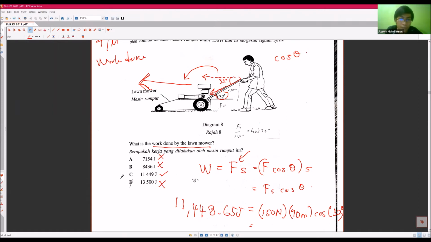What happens if we don't include the cos theta? The work done is going to be higher. So basically 150 times 90 becomes 13,500. So this one is wrong because not all the forces are doing the work. This is the trivial concept over here.